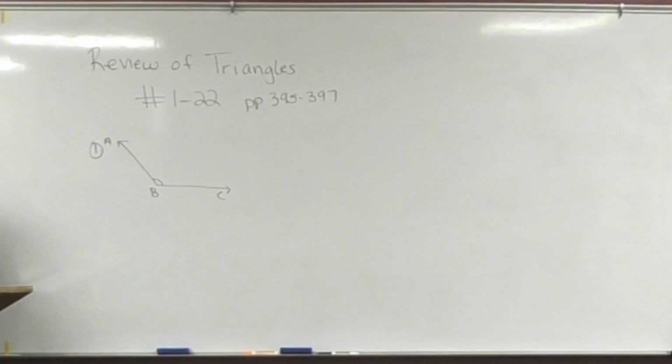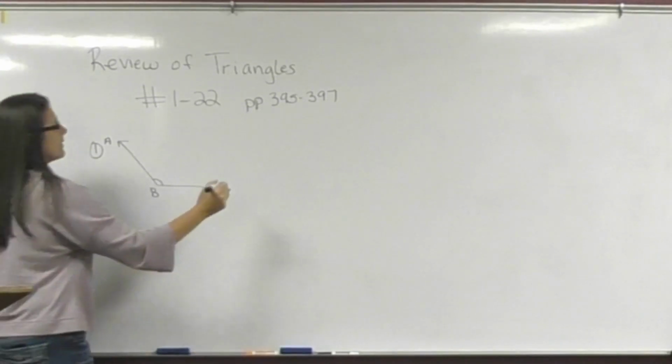Here are your directions. Your directions say identify the vertex of each angle. Okay, that's the first thing you're going to do. And the second thing you're going to do is write the name of the angles 2 ways and use the correct angle notation. So the first thing that you're going to do is identify the vertex.